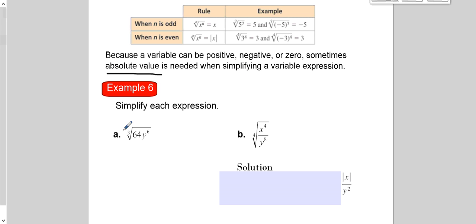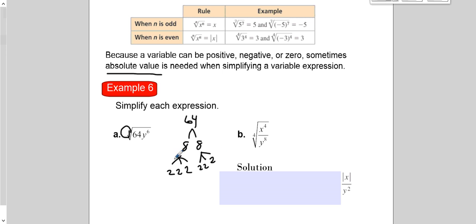So this one, cube root of 64, y to the 6th. Well, 64 is 8 times 8. 8 is 2 times 2 times 2, and this 8 is 2 times 2 times 2. So that's 6 2's.